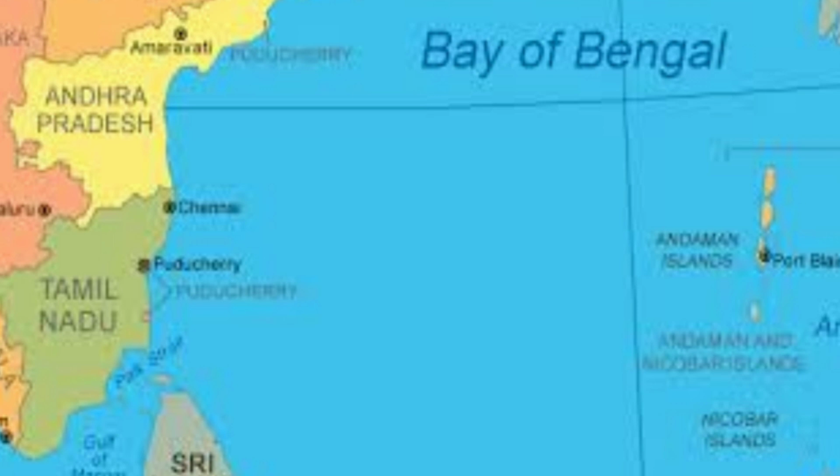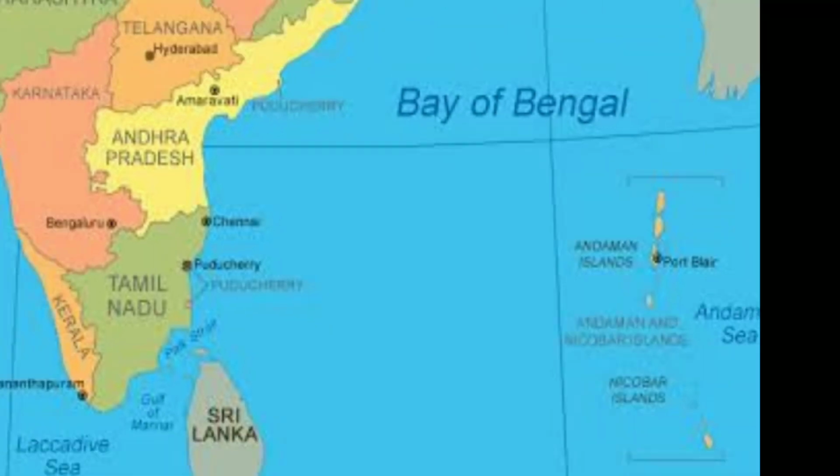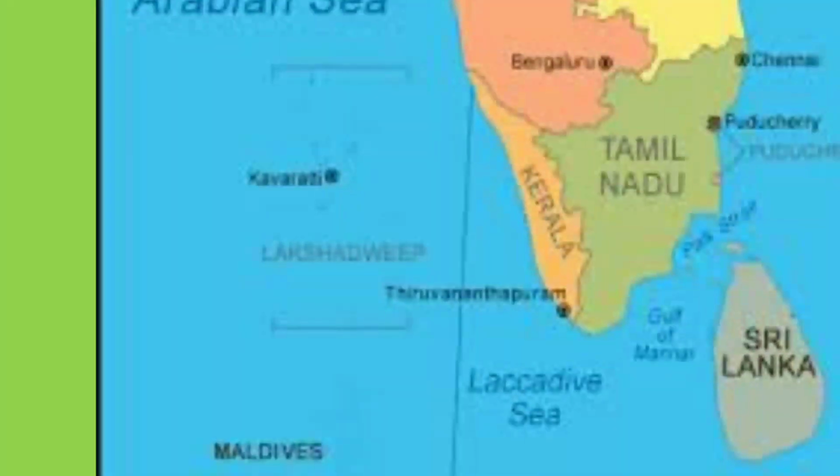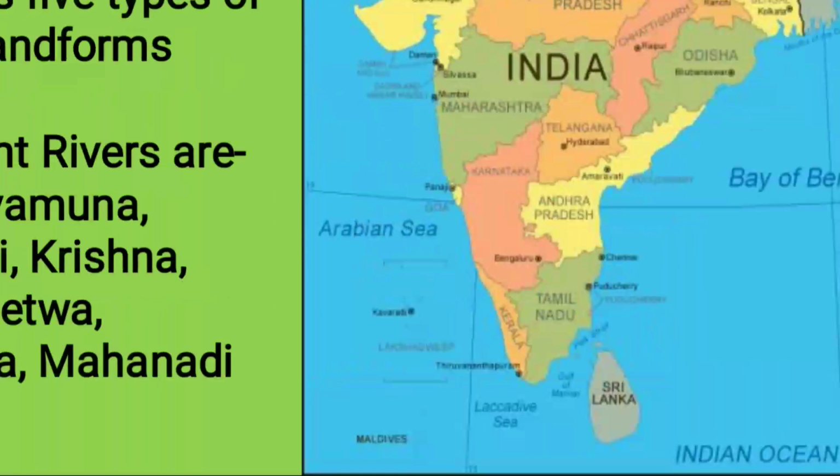One is this Andaman and Nicobar Islands, and another sea. Now let's see the western side. We have this Lakshadweep area. In the Arabian Sea we have Lakshadweep, and in the Bay of Bengal we have what?